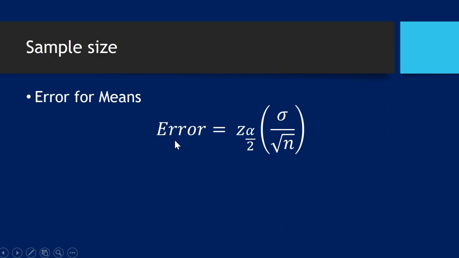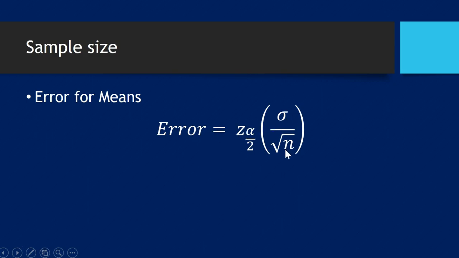In other words, I want the population average to be within 1 inch of my sample average. The z-value will come from our confidence level. The standard deviation will come from the problem itself. And so we're going to have this equation.